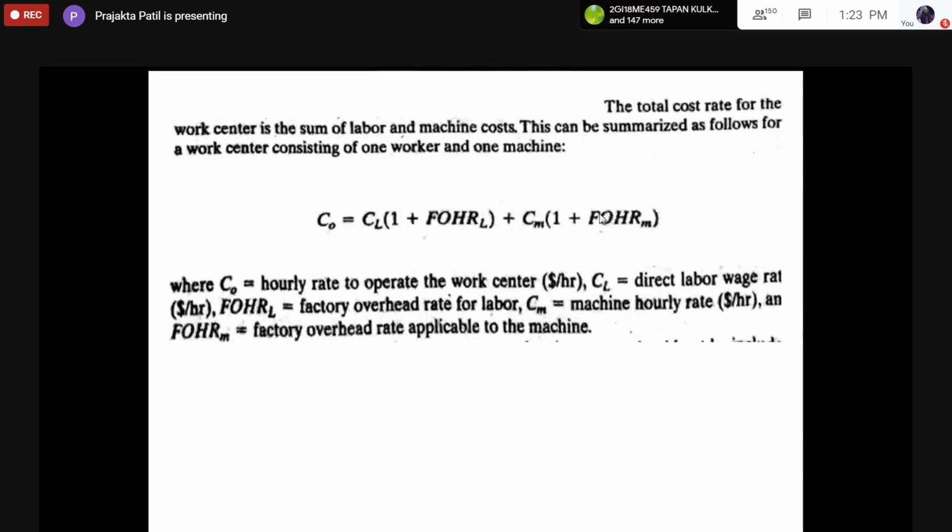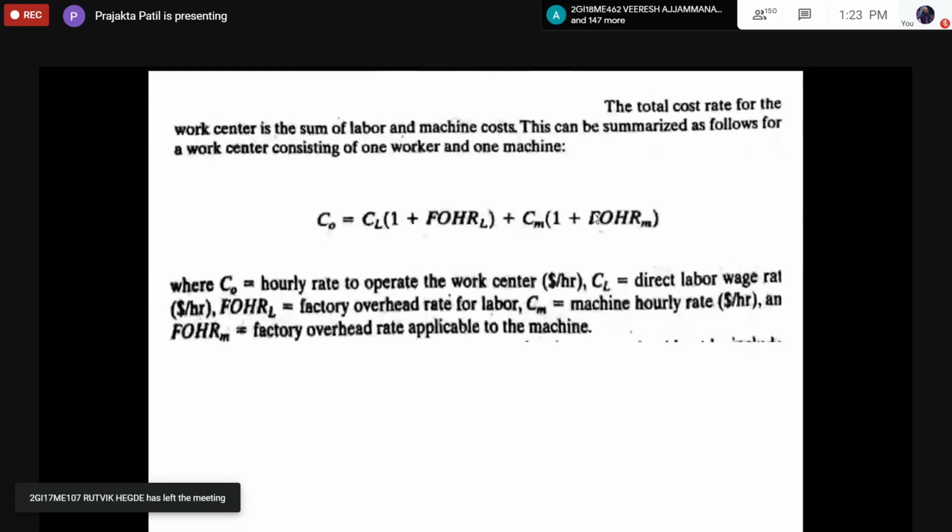Why? Because whenever you want to analyze different production methods, you need not include the corporate overhead rate.